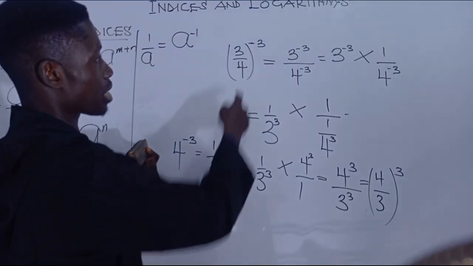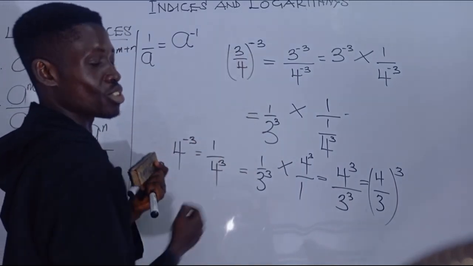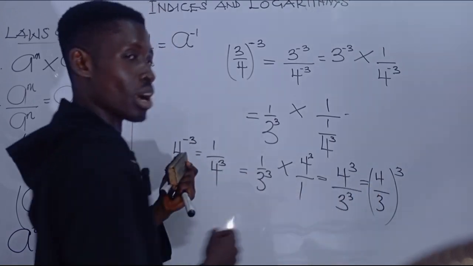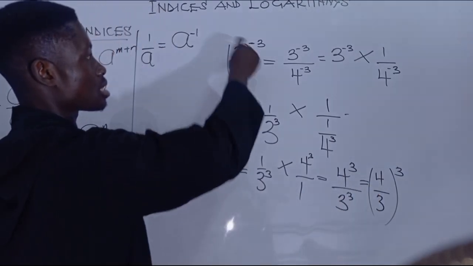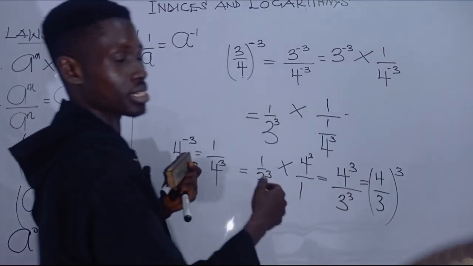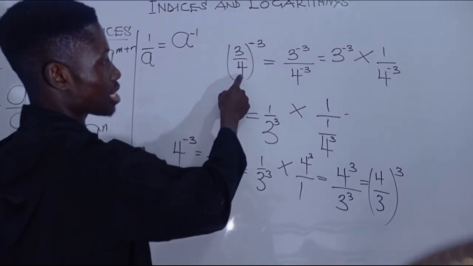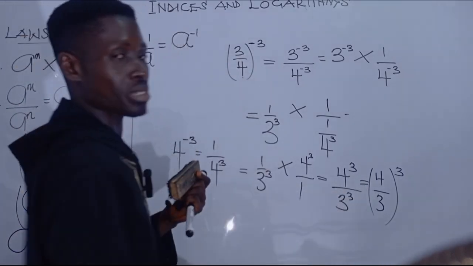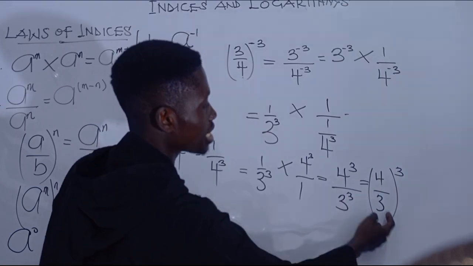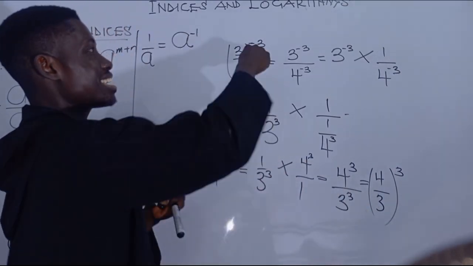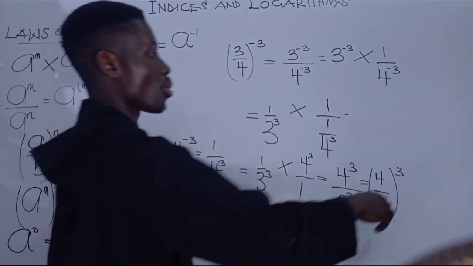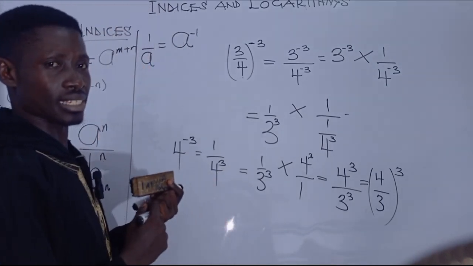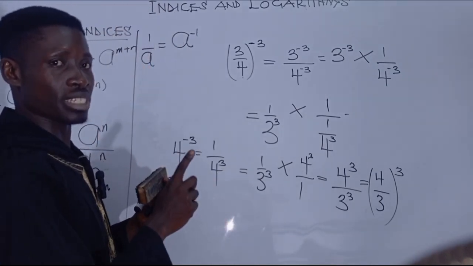You realize that with this we are having 3 as the numerator, but with this we have 4 as the numerator. So we have reciprocated this to become this. The denominator 4 has become the numerator, and the negative index has changed into a positive index. I believe you are observing it clearly.